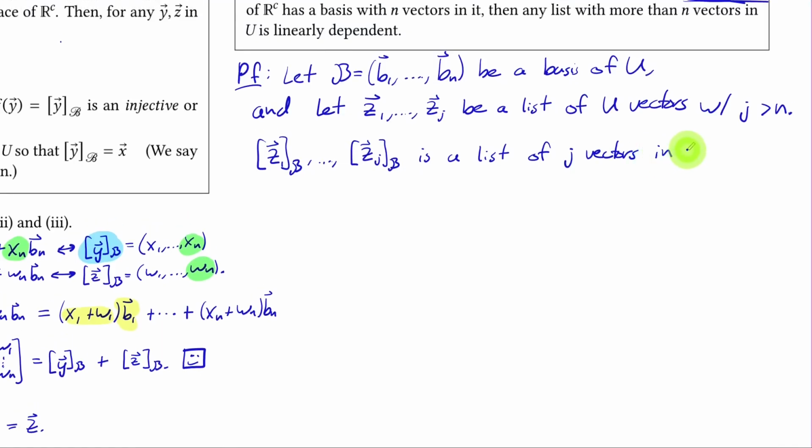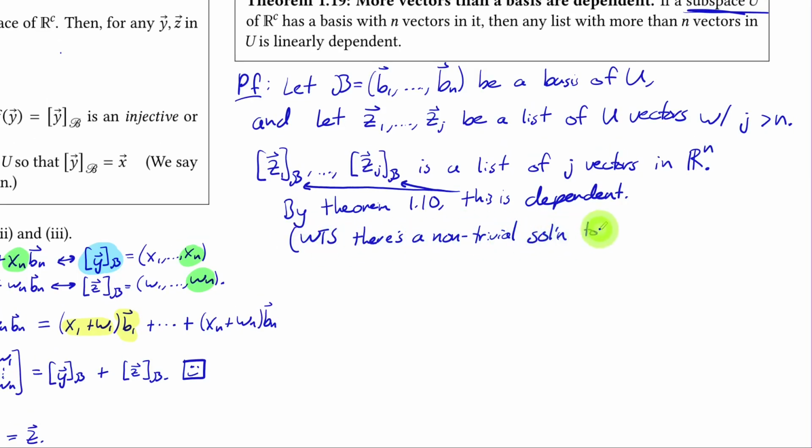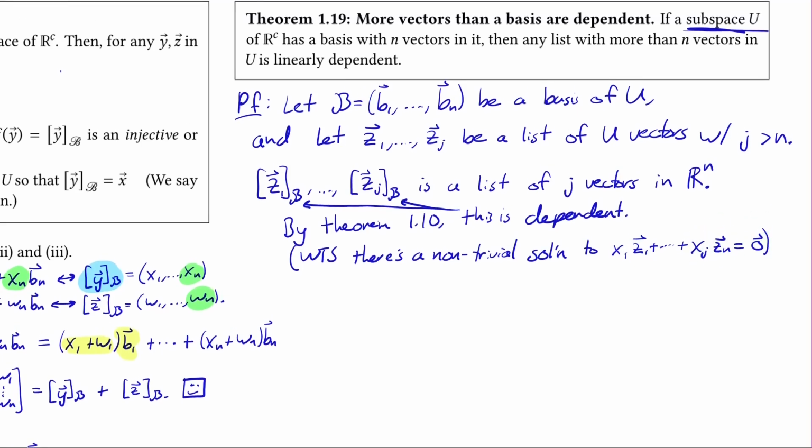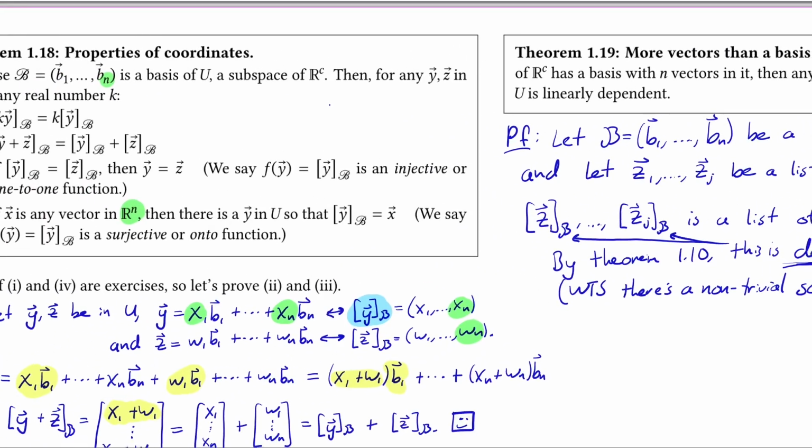They have n entries in each. And because j is greater than n, now we can use that theorem to say that this is a linearly dependent list of vectors. So to show that this list is linearly dependent, we want to show there's a non-trivial solution to this corresponding homogeneous equation, right? And to do that, we're going to use the dependence of the coordinates and theorem 1.18 here.